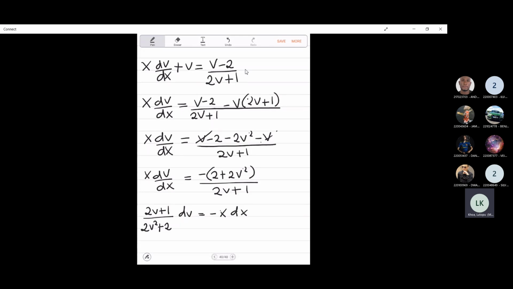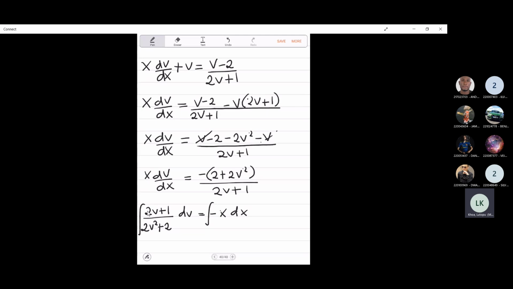Okay, and now we have to integrate. So we'll take the integral on both sides. Here we will definitely have to split it up.